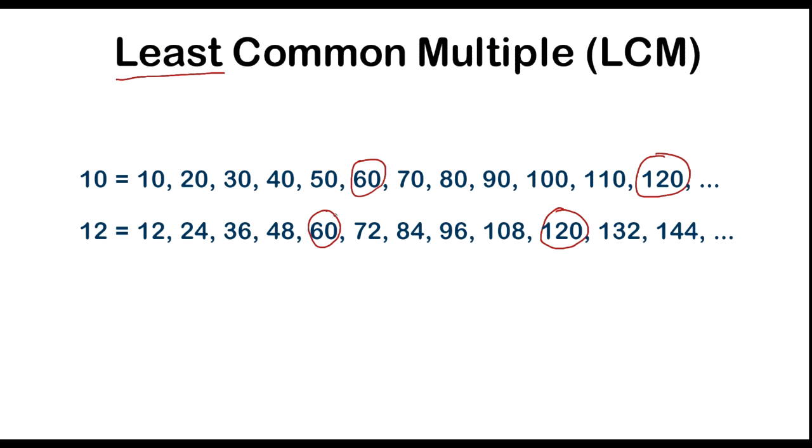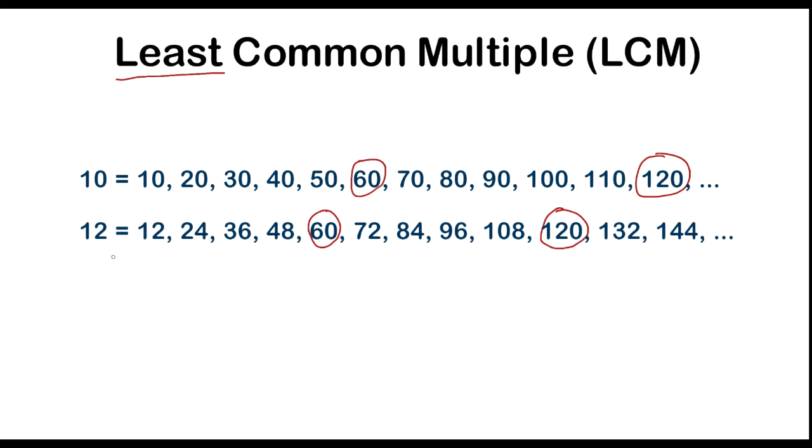So the first common multiple here is 60. This is the least common multiple of 10 and 12. So the least common multiple of 10 and 12 is 60.